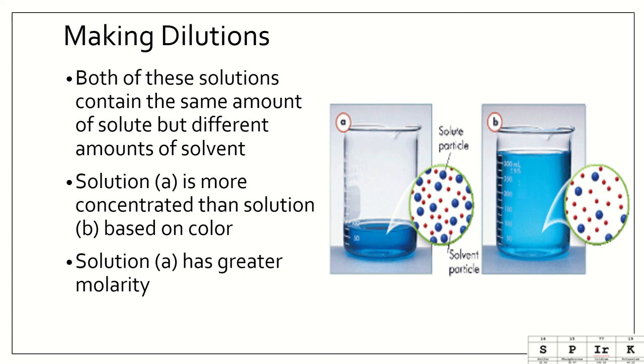So for example, let's say both of these have 100 moles, or let's say something a little more realistic. 5 moles for A, at about 0.08 liters.